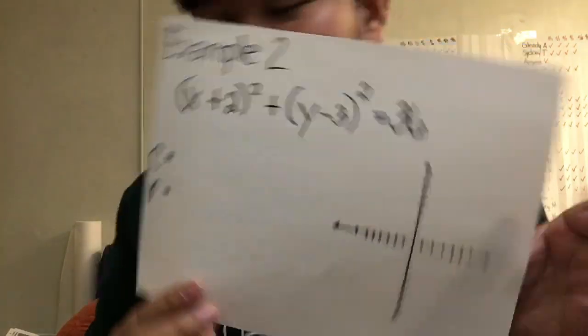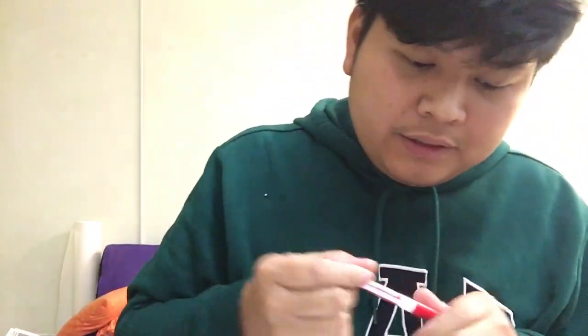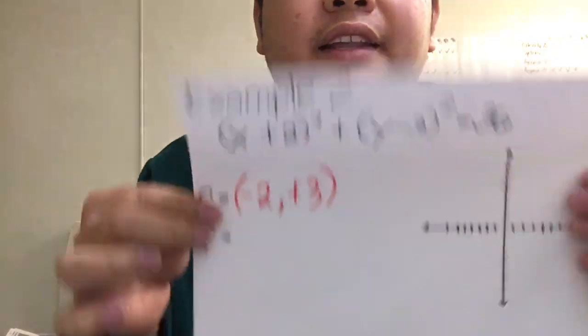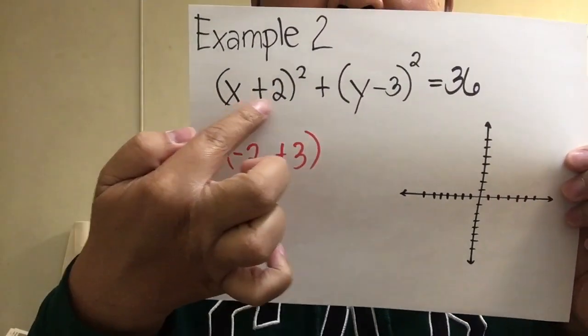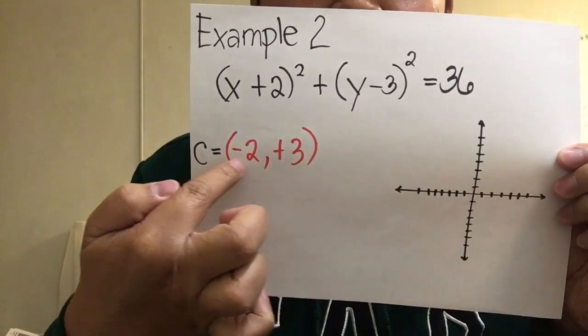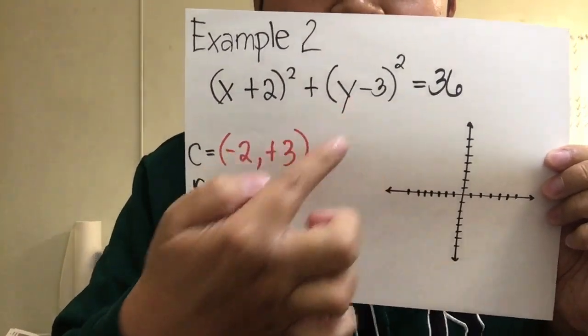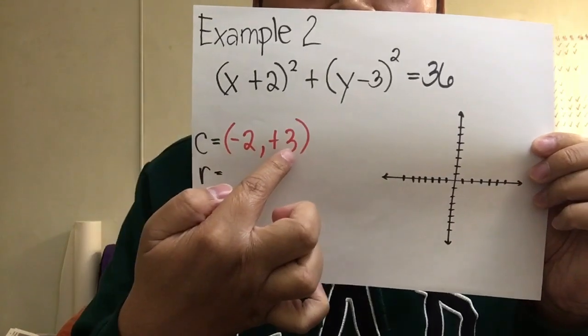So let me write that one. So I have -2, +3. Again, +2 becomes -2, -3 becomes +3.